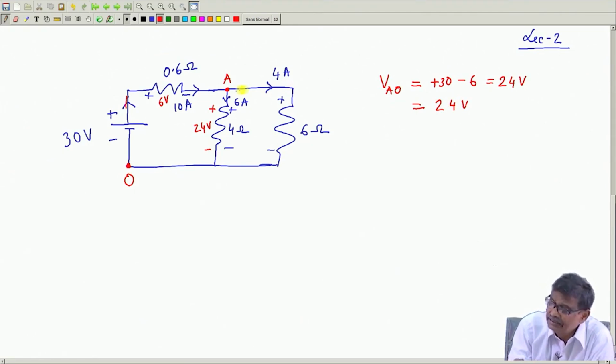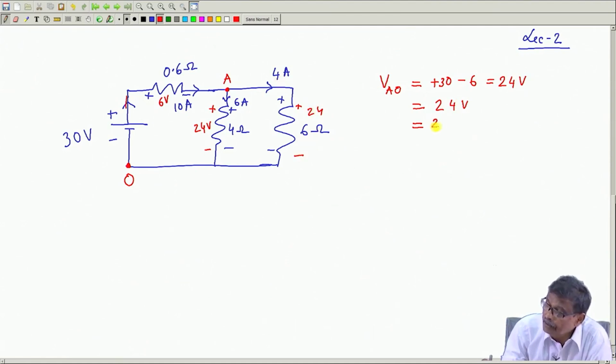Similarly, this is also via this path, from this to this no voltage drop, from this to this the voltage drop is plus minus 24 volt, because 4 into 6. So, 24 volt, and then from this to this no voltage drop.